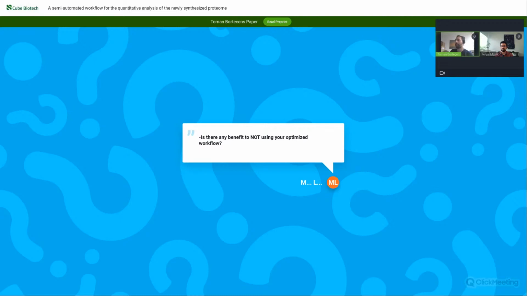But if you want to do some technical optimizations or just want to have a large amount of your sample, maybe it's better to do the manual preparation at first. Otherwise, it's a good question, but I can't think of any other reason not to do the automated procedure. Of course, if you don't have the robot, then it's not so good. But otherwise, it's very convenient, and I would advise giving it a try.